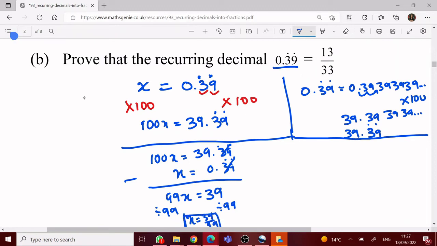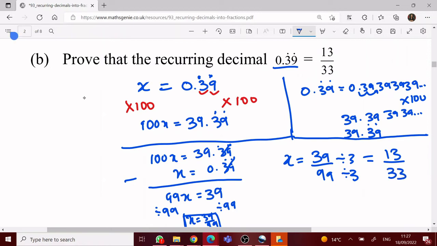Am I done with this question? No, because they want it as 13 over 33. So I would simply simplify it. Divide by 3 on both numerator and denominator. That leaves me with 13 over 33.